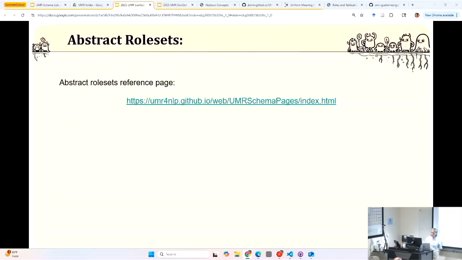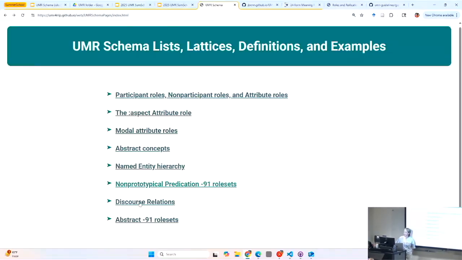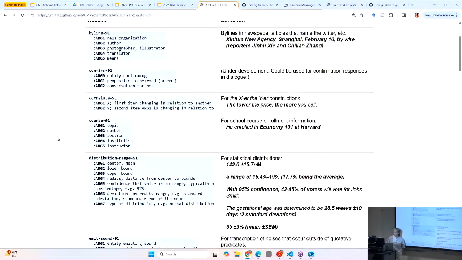Okay, the abstract rule sets. There are a variety of reasons that you might have abstract rule sets. A lot of times, it doesn't mean that there's predication happening. It just means that you have some kind of concept that has multiple fixed arguments associated with it.